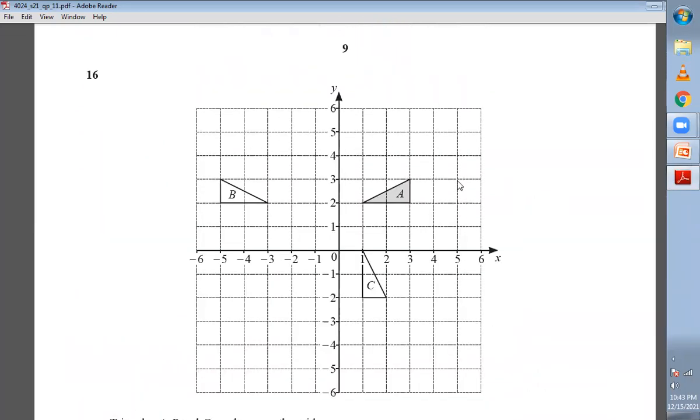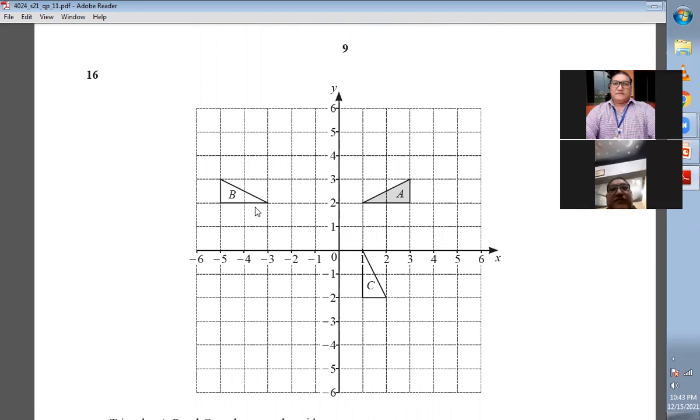If you see triangle A and triangle B, you will observe, let me show you how this is done. Let me start my video here.